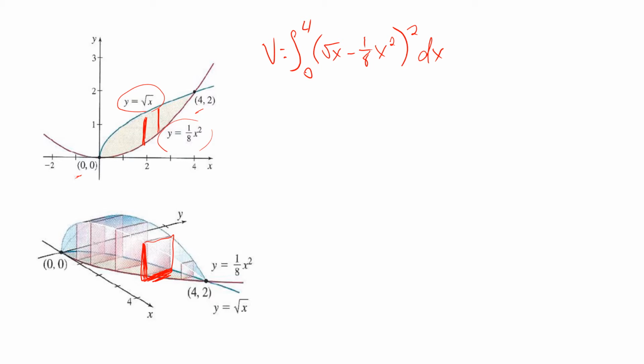Now here we could distribute. When you distribute the squared, remember this isn't square root of x squared minus 1/8 x squared. You actually have to distribute to get 3 terms. Don't be that guy. And if you're doing it by hand, I recommend that first. You don't want to integrate from here. Or you could plug this into your calculator, or integrate by hand and then plug it into your calculator to check your work afterwards.